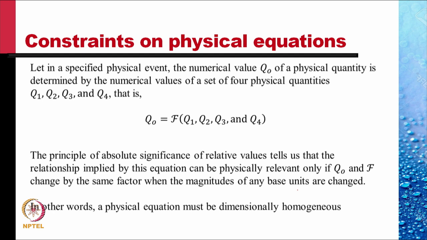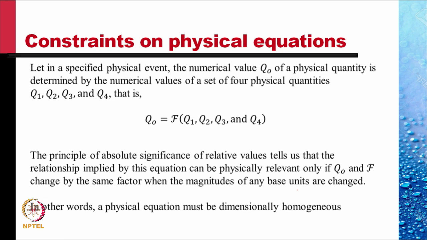The principle of absolute significance of relative values tells us that the relationship implied by this equation can be physically meaningful or physically relevant only if Q naught and F change by the same factor when the magnitude of any of the basic unit is changed.